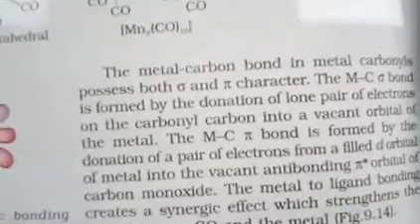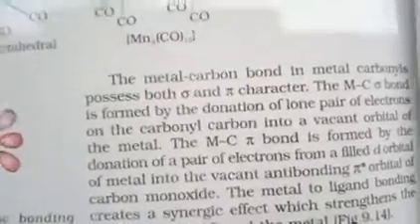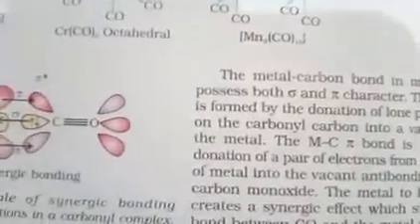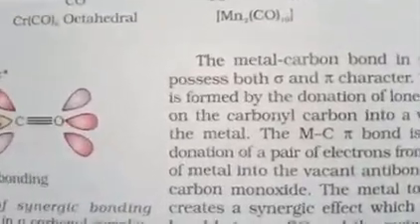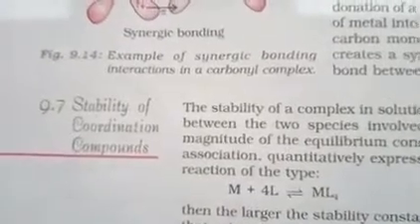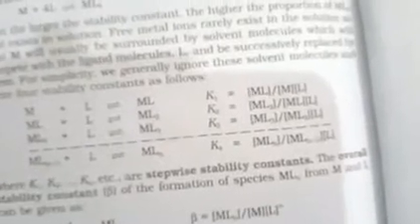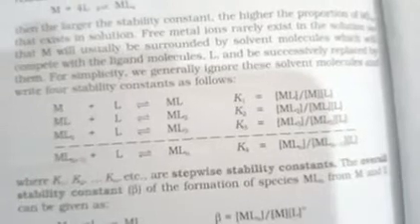This is what we have about metal carbon bonding. Now next is about the stability of coordination compounds. Stability is represented by beta, and it is just like the equilibrium constant which you have written in class 11, that is product divided by reactant concentration.